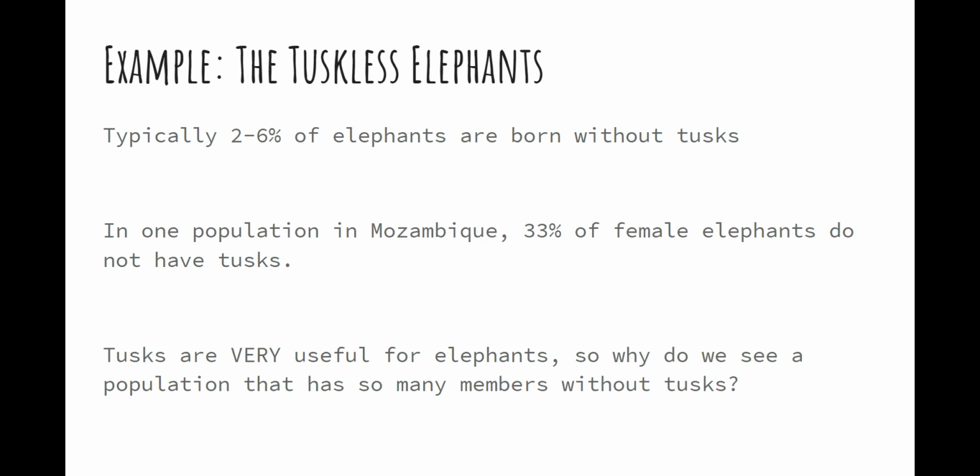This is weird because tusks are absolutely useful for elephants, pretty much crucial for them to survive well. If you're an elephant and you don't have tusks, you have less chance of surviving. But for some reason, in this population in Mozambique, we have a ton of elephants that don't have tusks. So the question is, let's look at natural selection and figure out what the heck is going on.